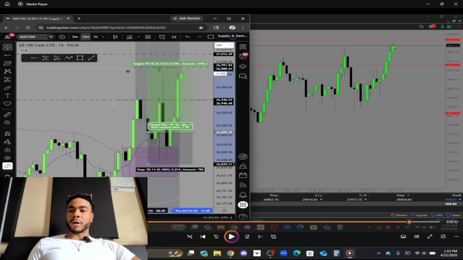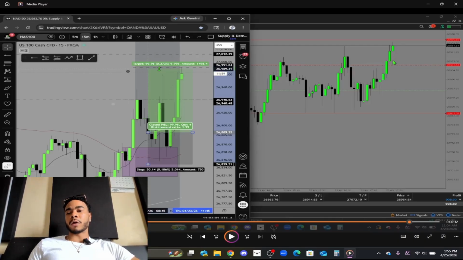And once I saw price coming over here, about to hit my 1-to-2 target, that's literally like 3 to 4 points away, I moved my stop loss all the way to 1-to-1. So right here where you see this black dashed line, that's my stop loss.